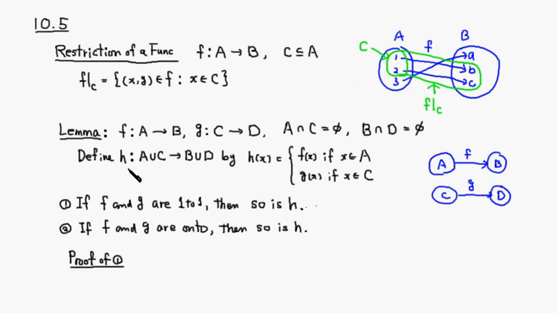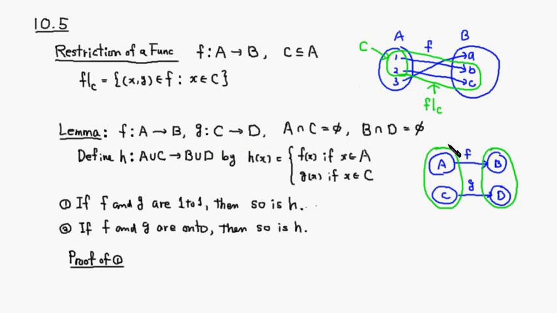So h is a function from A union C, so we put these together as the domain, and put B and D together as the codomain.